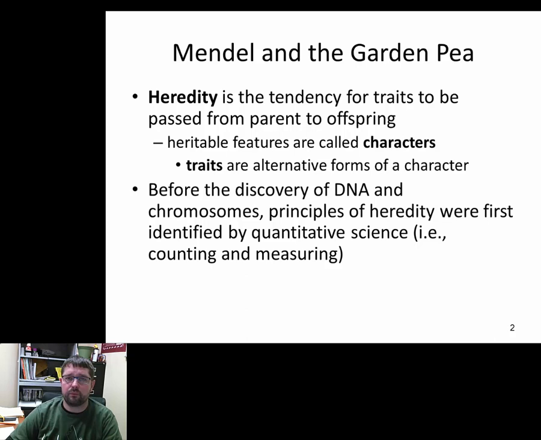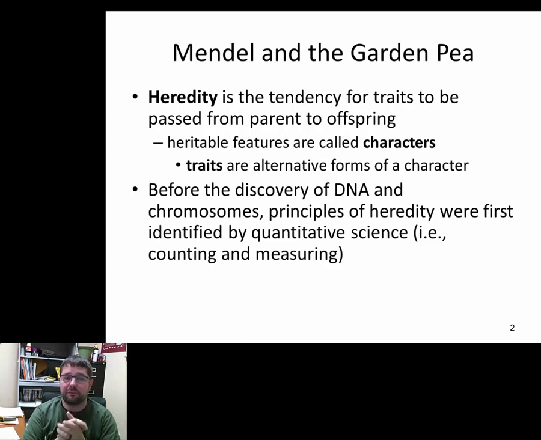Okay? And so, again, just like Darwin discovering how species change over time without knowing there was such thing as genetics or DNA or chromosomes or anything like that, Mendel also came up with the way at which we inherit characteristics without knowing there was such thing as DNA or chromosomes or anything like that.